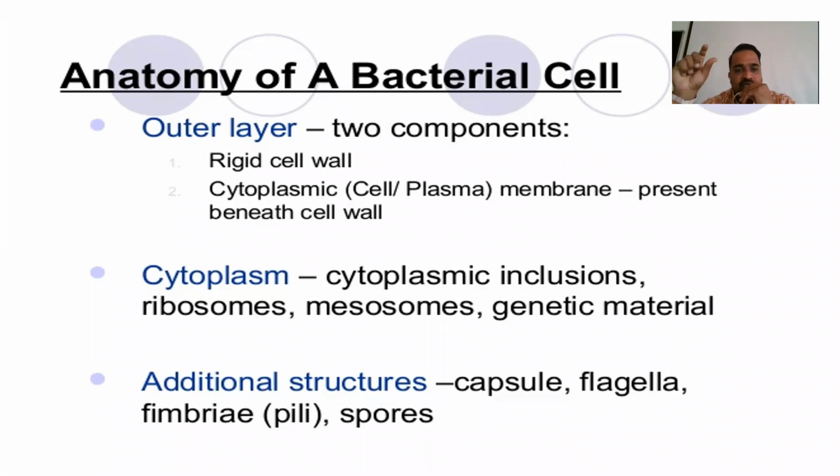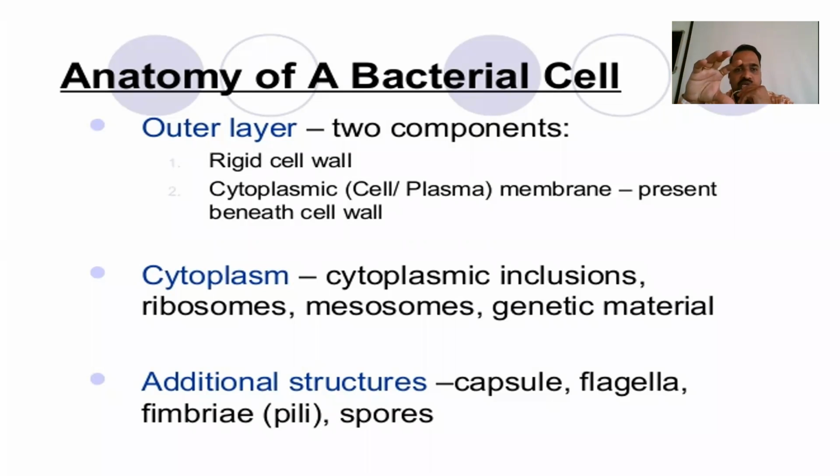Then we have additional structures like capsule, flagella and fimbriae. Fimbriae is also called pili. And there are spores. So these are the additional structures we can observe: capsule, flagella, fimbriae or pili, and the last part is the spores.